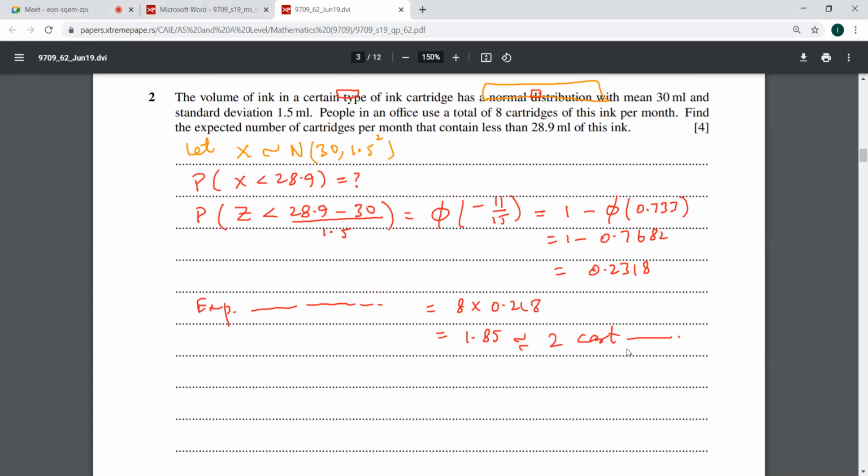There is no such thing going on, beta. This was phi of minus 11 over 15. Okay. So we have a rule here that phi of minus a is 1 minus phi of a. So we have only done that thing here. There is only a minus thing here.